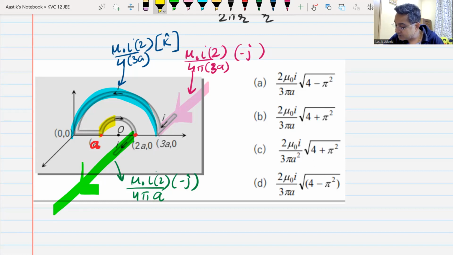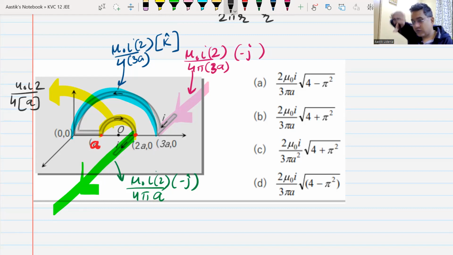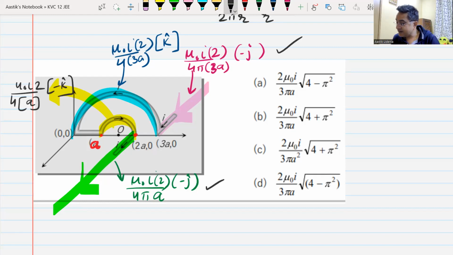The field due to this yellow wire will be mu naught I by 4 into the radius of the wire, A by 2, and this field will be going inside, minus K. These two fields are along minus J, so they will get added up.